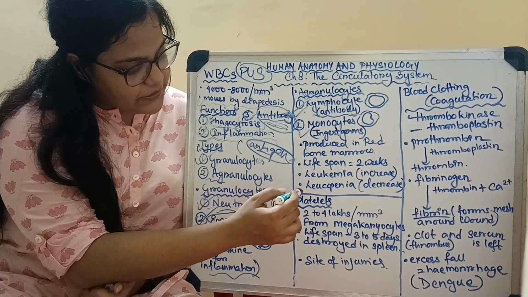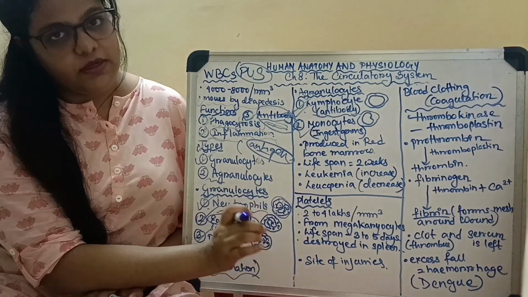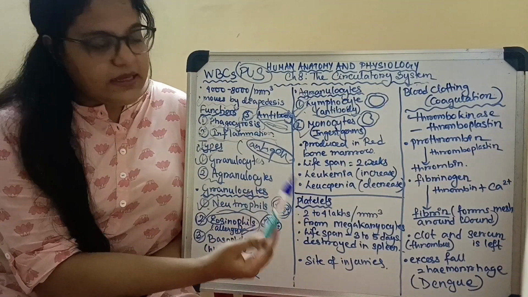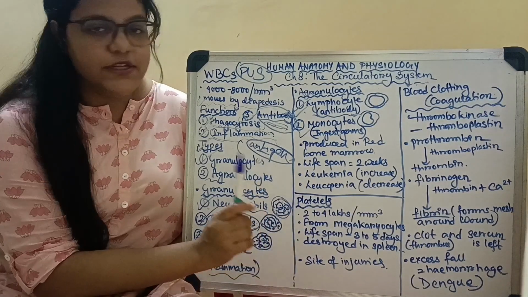Now, there are two conditions, which are the abnormal increase of WBC and the abnormal decrease in WBC count, right? Now, the abnormal increase in WBC count leads to leukemia, right? You heard it right.